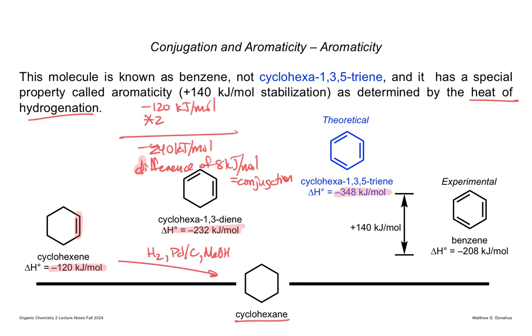However, when you actually run this experiment, the amount of heat that's released is negative 208. So that's a significant difference between what we're projecting it should be and what we observe. So that difference of 140 is how we're experimentally describing this word aromaticity. So not only is the system conjugated, but now that it's in a ring, it has even more stability than what we would expect.